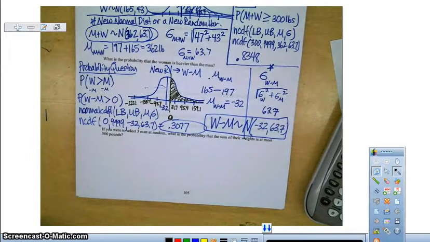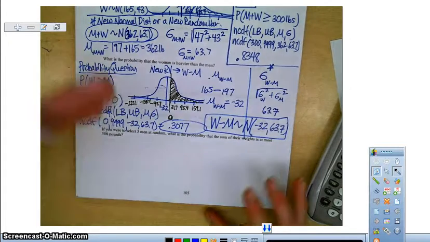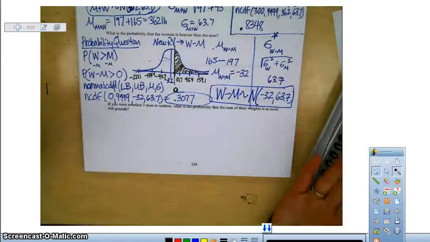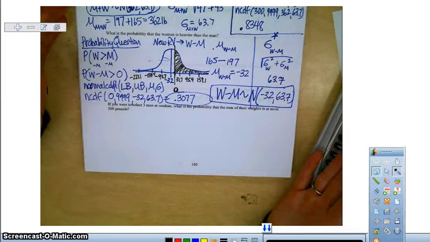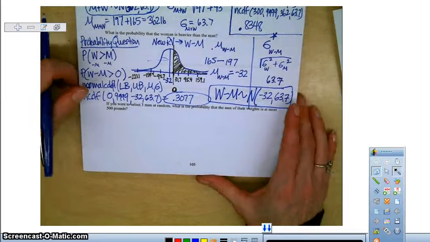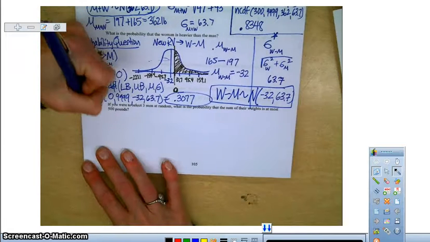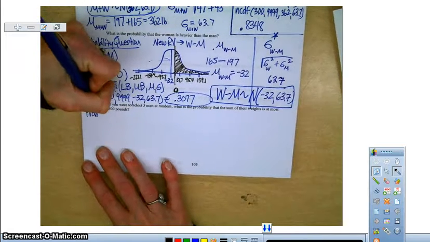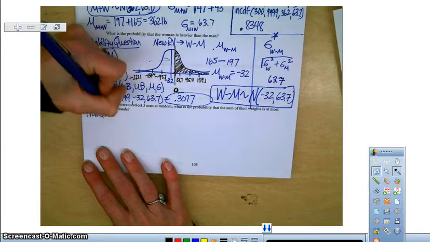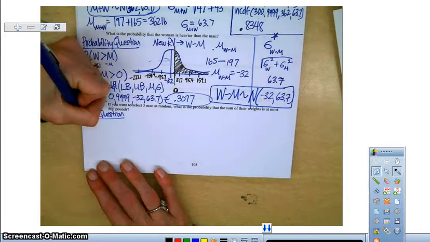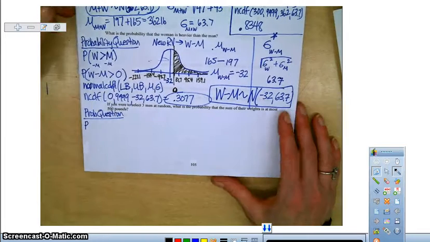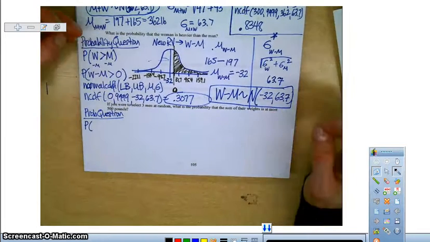All right. So the last one is still the same exact type of thing. We're just going to do it again. But this time, what's our probability question? Okay, so the sum of, who are they, their weights?